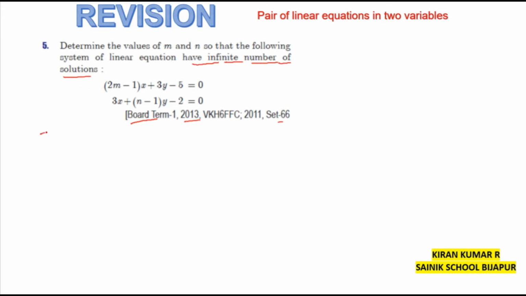So for infinite solutions, we know the condition that a1 upon a2 equal to b1 upon b2, which is equal to c1 upon c2. Remember, infinite solution will be there when the lines coincide.